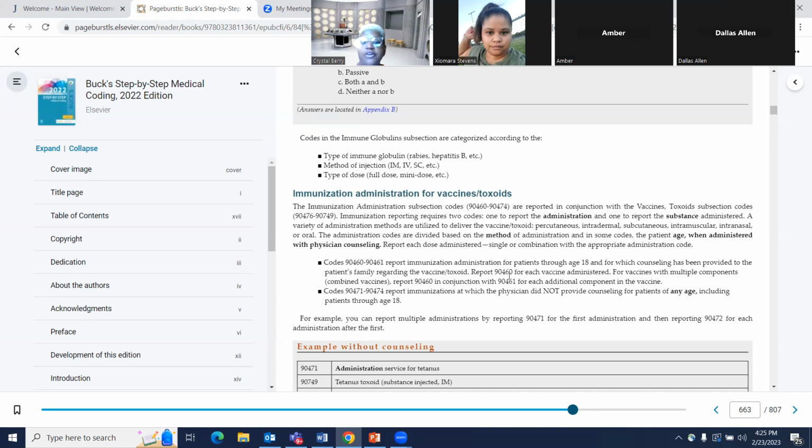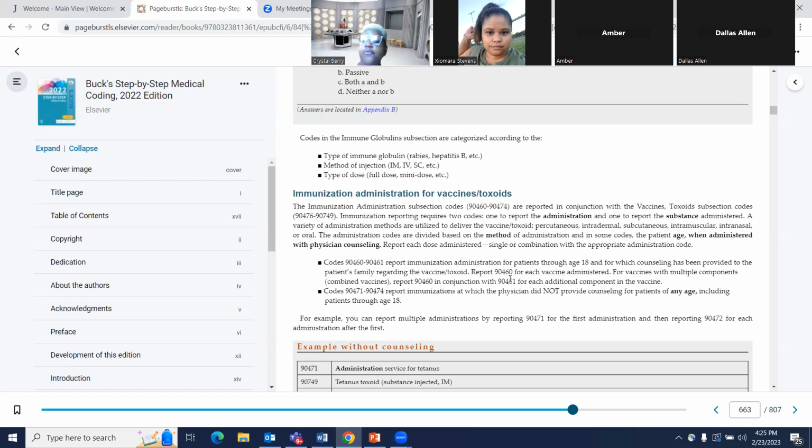And it states right here, codes 90460 to 90461 report immunization administration for patients through age 18 and for which counseling has been provided to the patient's family regarding the vaccine. So just like now they have new vaccines that are out and they have that counseling with the parent and the patient, letting them know why they need to take this vaccine, then that's through age 18, and then you have to code that differently.